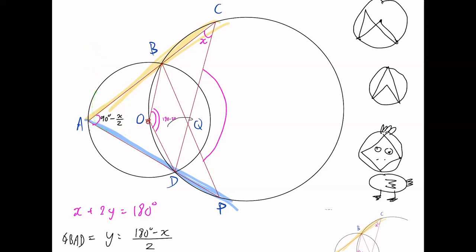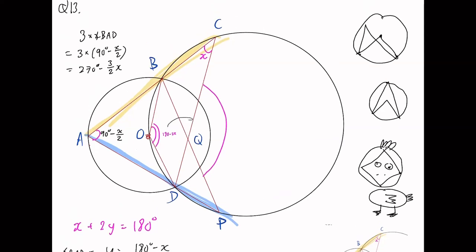Let's just calculate it first. If you don't know anything yet, just calculate it. What's 3 times BAD? So it's 3 times of 90 degrees minus x over 2, which is 270 degrees minus 3 over 2 x. Wow, that's not looking very nice, but okay. Then what's PQC?